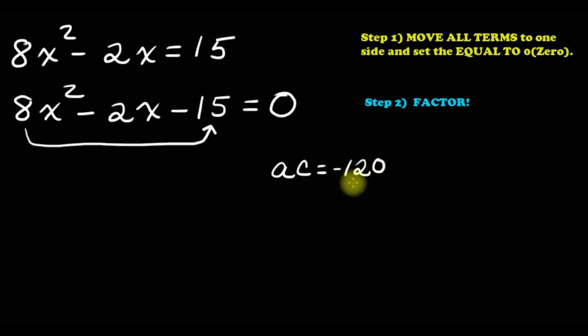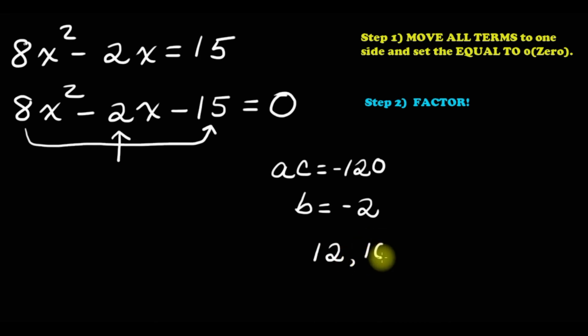Okay, so now you have to come up with two numbers that when you multiply, you get negative 120. But when you add those two numbers, it comes out to what b is, and b is negative 2. All right, so let's think about those two numbers. How about we use something like 10 and 12? Okay, 12 and then 10.